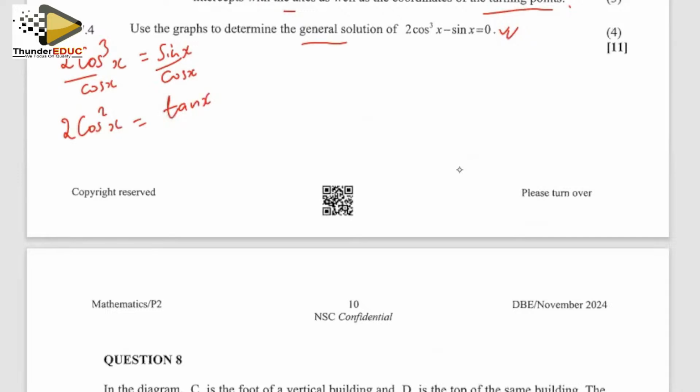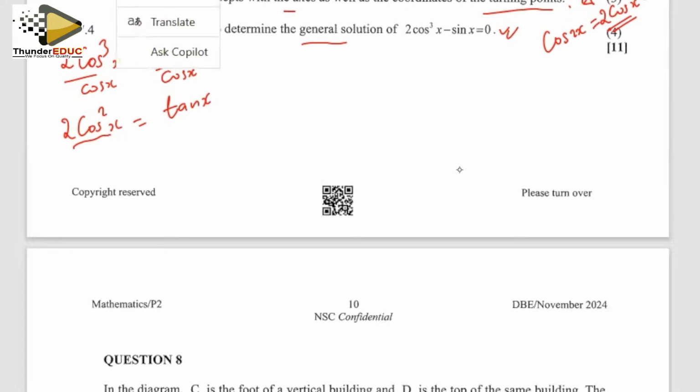But we know from our formula page that cos 2x is given as 2 cos squared x minus 1.